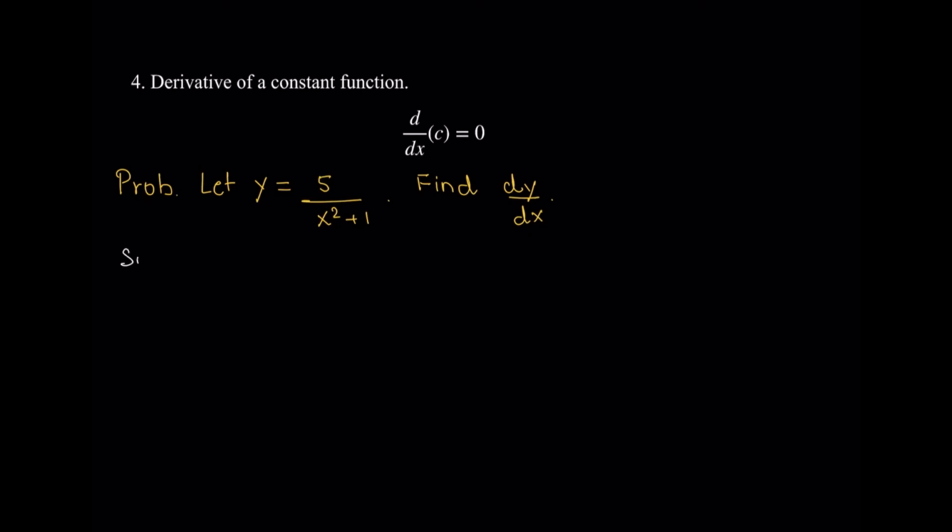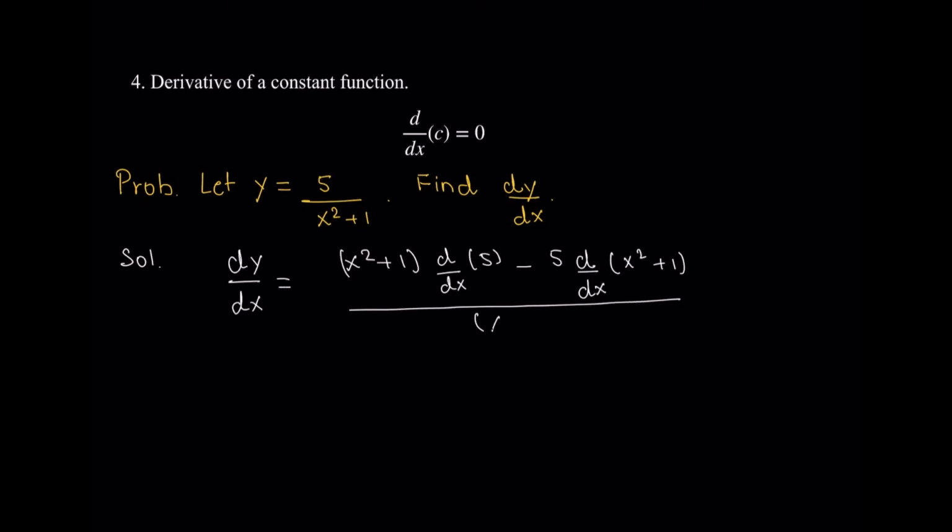Let's see the solution. dy upon dx by using the quotient rule is x squared plus 1, that is second function, derivative of first function, that is 5, minus 5 d upon dx of second function, that is x squared plus 1, and divided by second function squared.